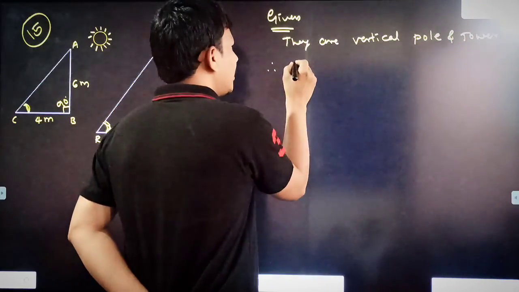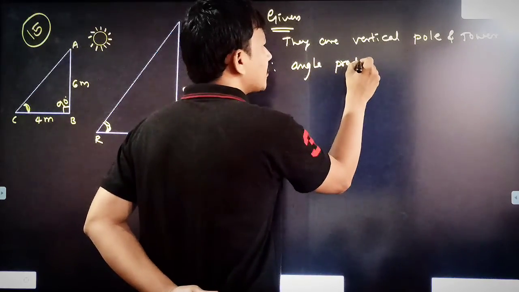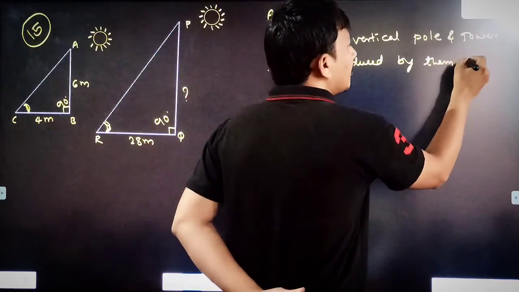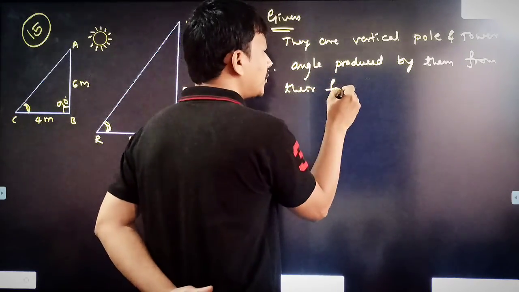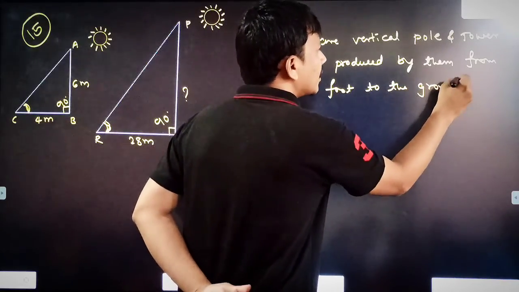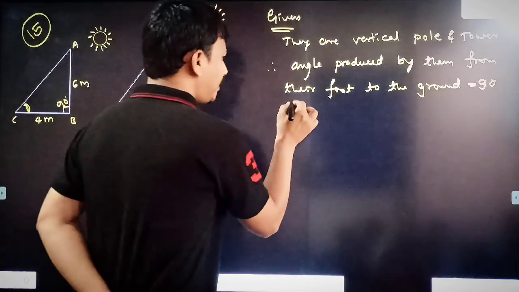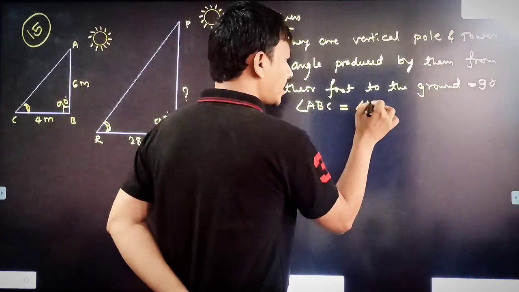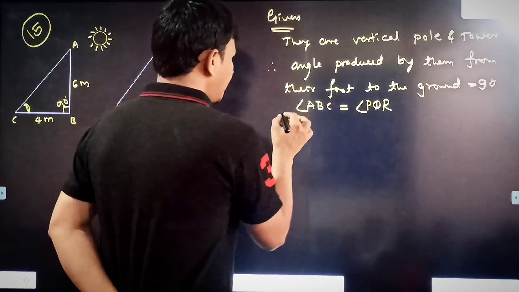Therefore, the angle produced by them from their foot to the ground is equal to 90 degree. That means angle ABC is equal to angle PQR. Correct?